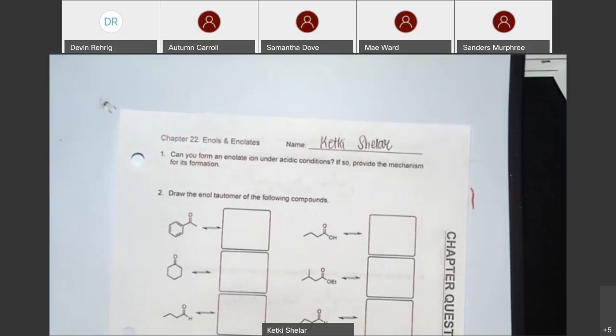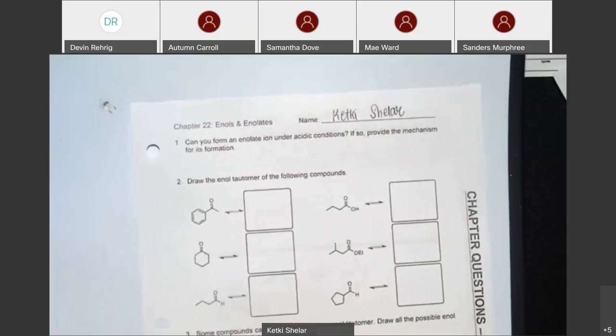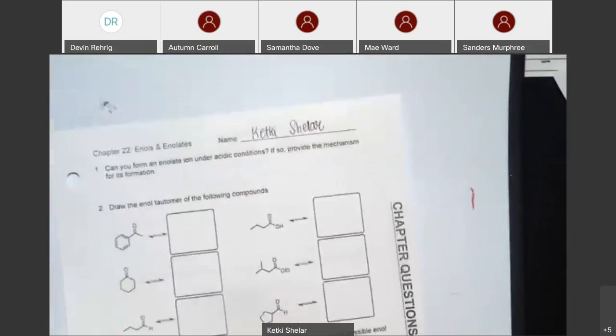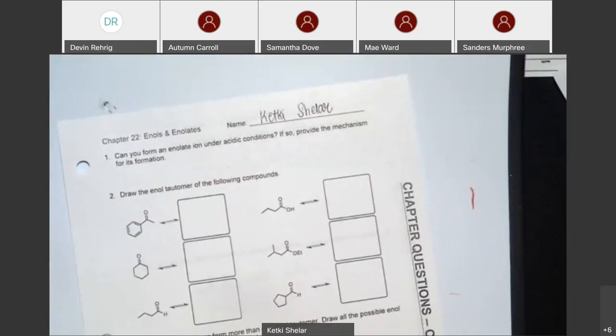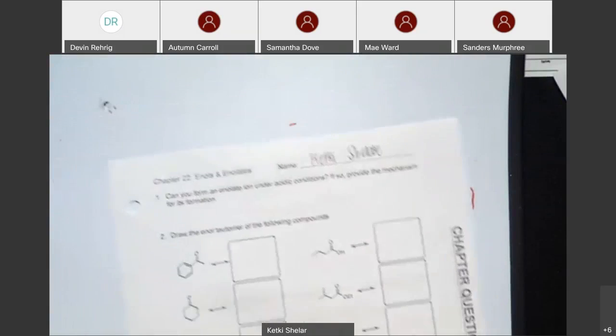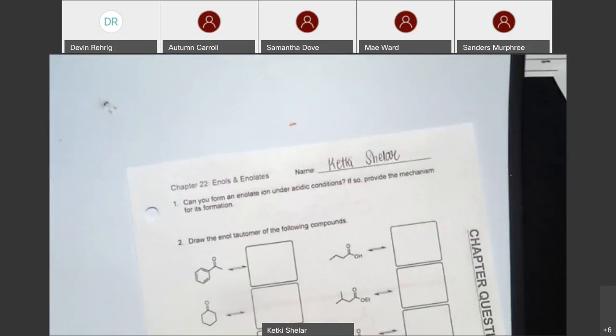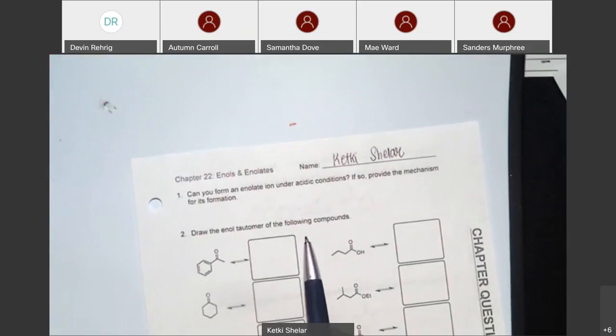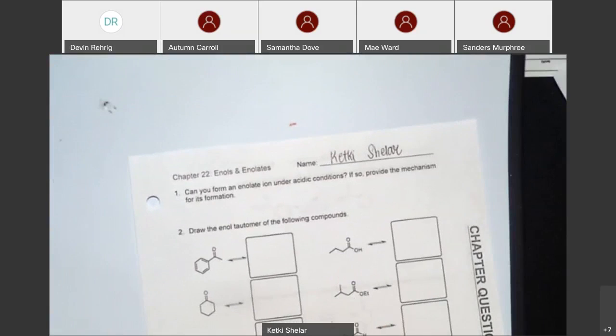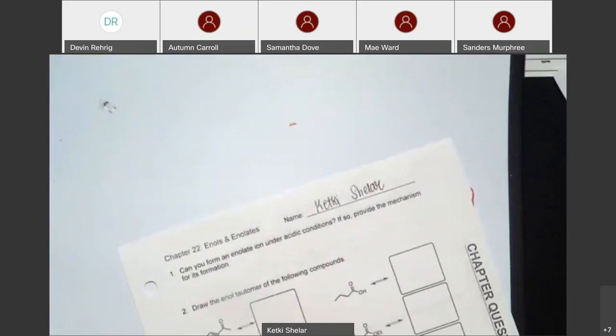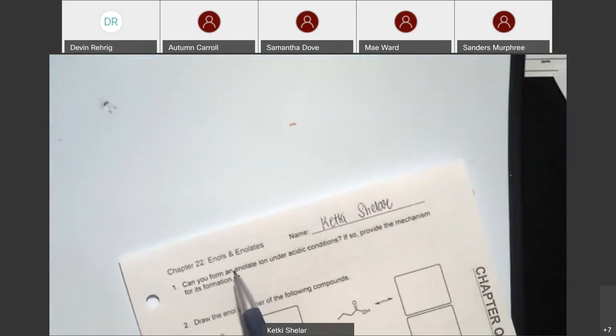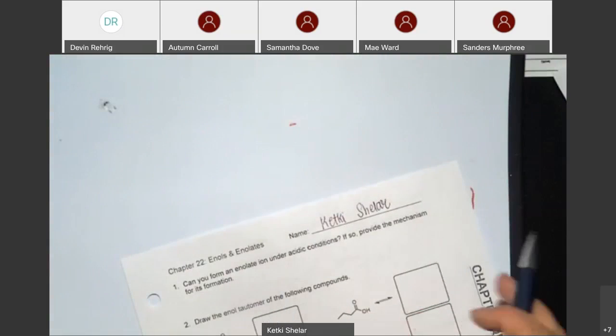So let's begin. The first question is from page number 37, chapter 22. This is all about enols and enolates. The first is: draw the enol tautomer of the following compounds. First of all, let's understand the difference between enol and enolates.